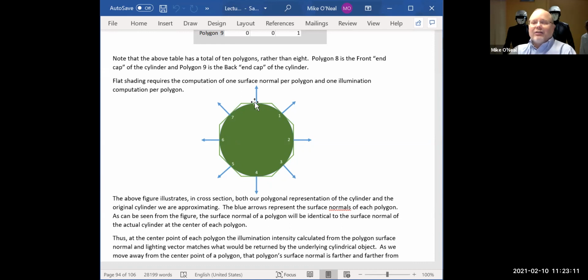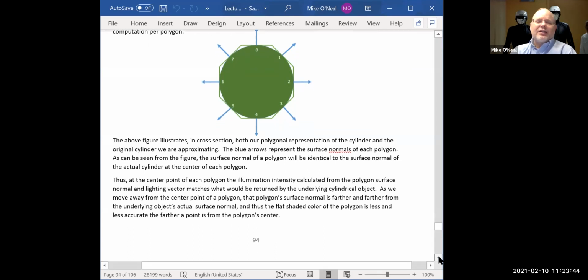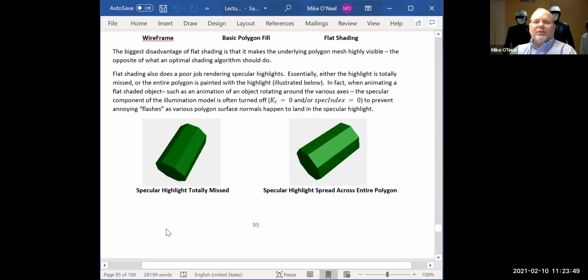Sampling at one point is not a lot of samples. And so if the specular highlight happened to hit the surface normal here, well then it would be splashed all across this polygon. But if the highlight happened to hit, say, somewhere over here, you would completely miss the one point that you performed the illumination calculation at, so you wouldn't see it at all. So again, specular is kind of absolutely the whole polygon's painted with it, or you completely miss it.